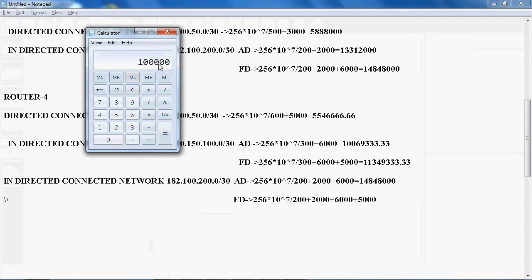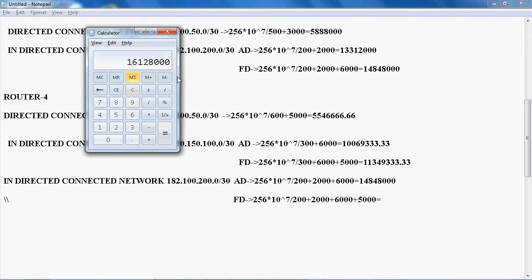Okay, now we can calculate. 10 power 7 divided by 200 plus 2000 plus 6000 plus 5000, equal to, into 256.